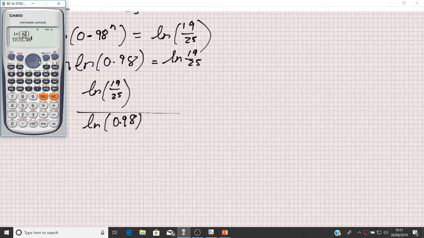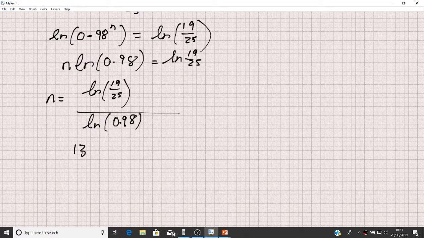Just be careful that I look at my screen, make sure my brackets are closed and everything is good to go. So finally we have 13.58. So the potter will have completed 13 after 2 hours. They'll in fact be working on the 14th one, but the final correct answer is 13.